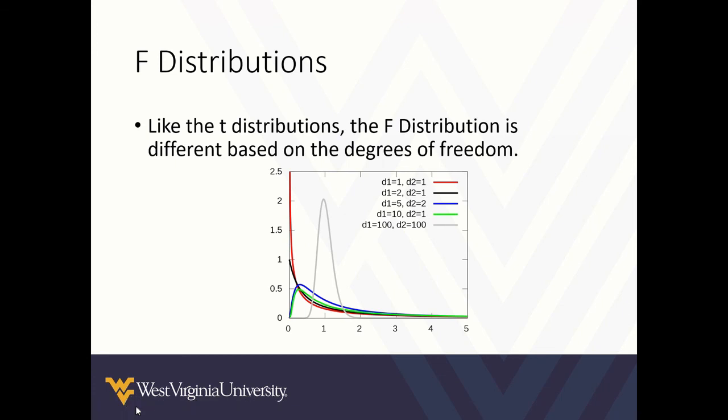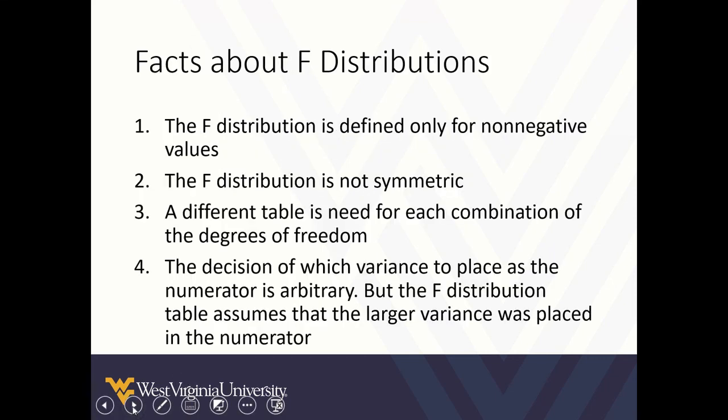And just like the t distribution, the F distribution is different based on the degrees of freedom. And here's a nice visualization giving you an idea of different degrees of freedom and how the distribution can change. So some nice facts about the F distribution. The F distribution is defined only for non-negative values.